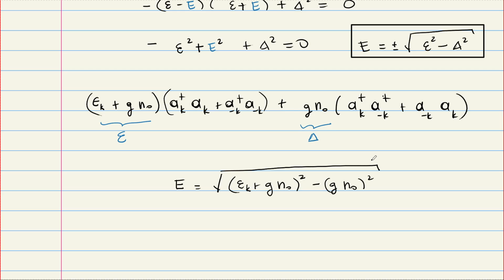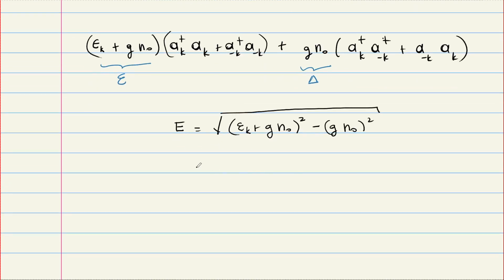And what did I do here? So this one I can rewrite. Epsilon of k is h bar squared k squared over 2m.